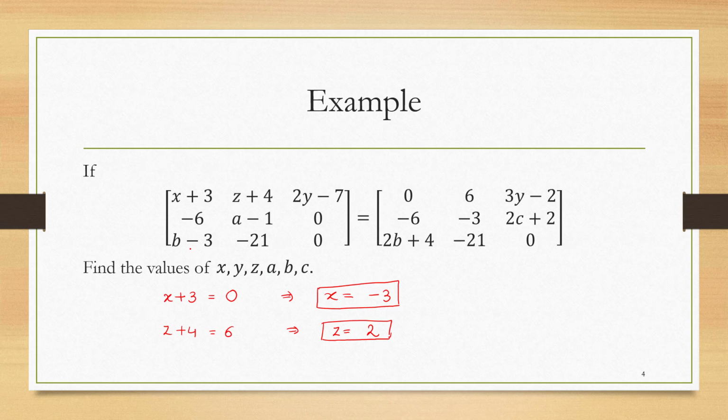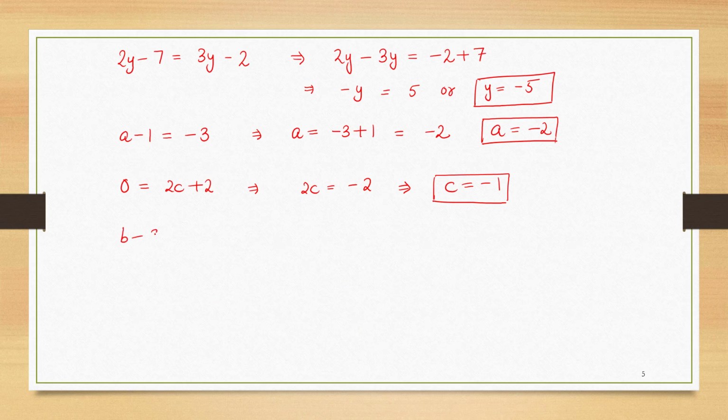Again comparing this entry we get b minus 3 equal to 2b plus 4. So b minus 3 is equal to 2b plus 4 which implies this minus 3 as it is. 4 when it comes to left side will be minus 4. On the right side 2b minus b. So we get b is equal to minus 7.